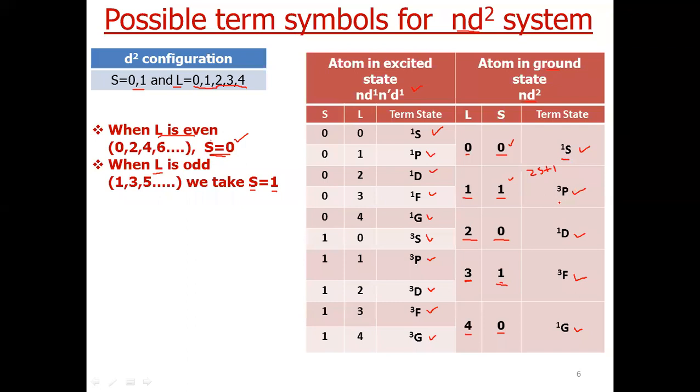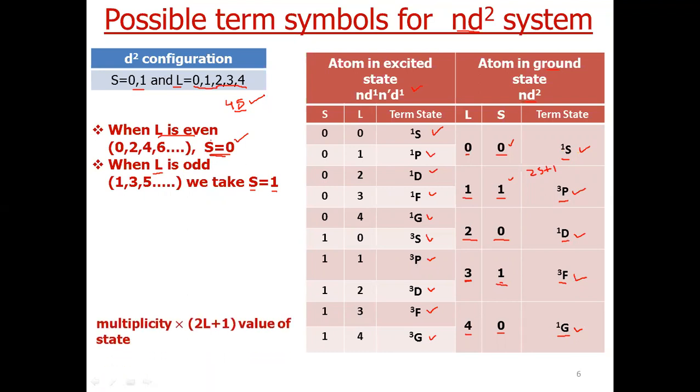Now for these term states, we can calculate the number of microstates associated with them. We know that for a d2 configuration there are 45 microstates. So these 5 term states should be able to represent these 45 microstates.